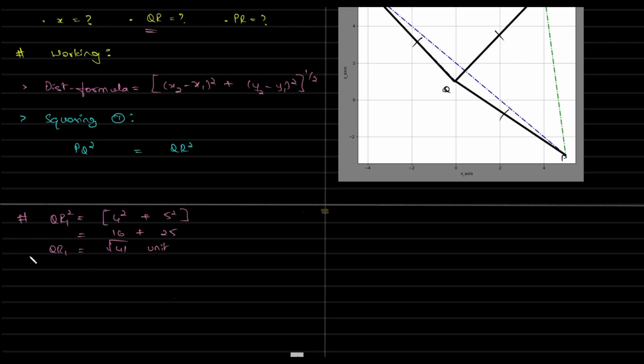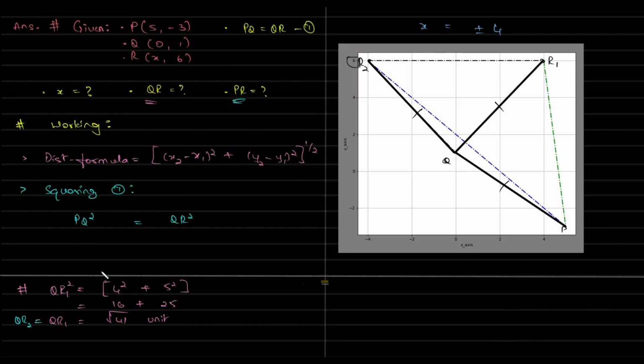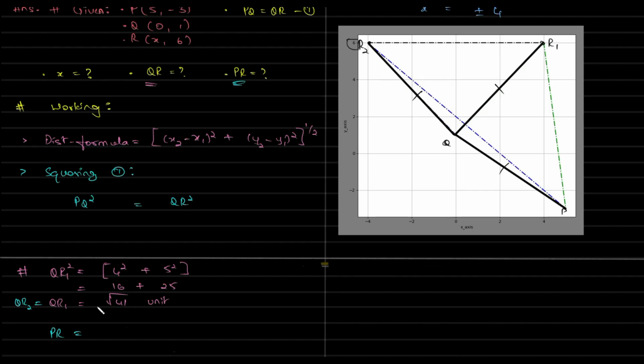They're equidistant. QR2 and QR1 have to be the same, and so it is. I was doing idiotic stuff, a waste of time. Next is PR. Instead of thinking about PR, I was thinking of QR. QR1 and QR2 are by default equidistant, so you can just write that.